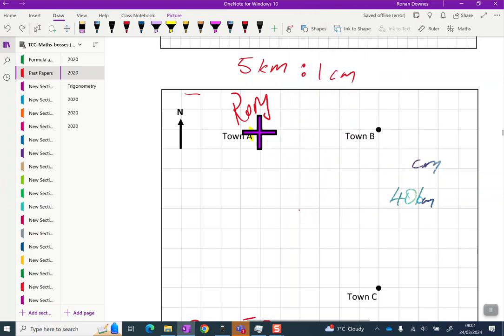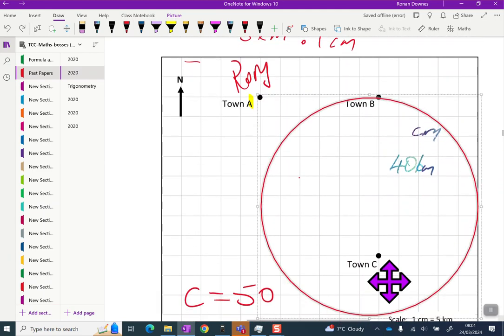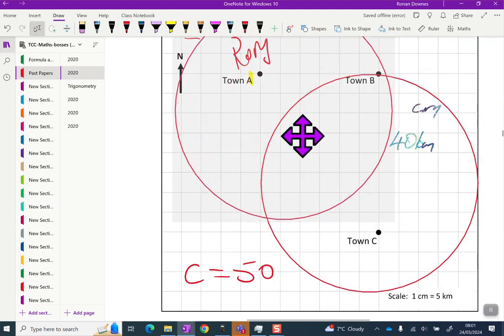I'm just knowing that if I start here on A and hold down the shift and drag, it doesn't center it on A. That's quite annoying.